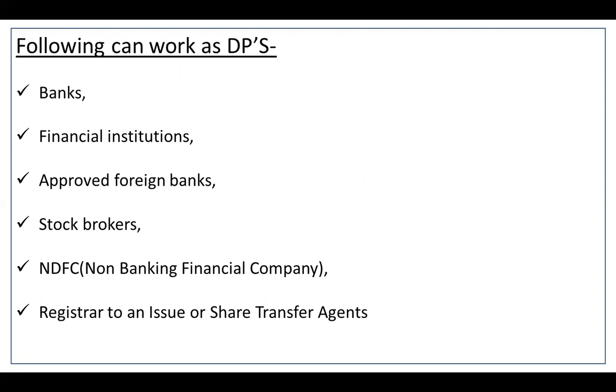There are some following works as DPs. They can work as banks. They can work as financial institutions, since a bank is also a DP. The financial institutions also work as DPs.